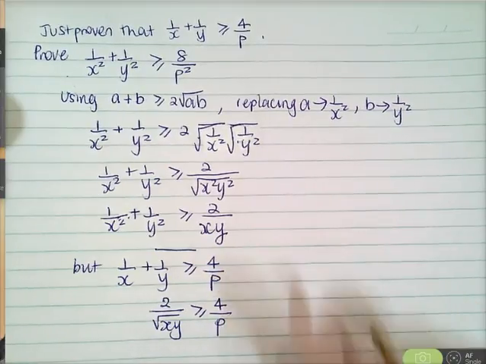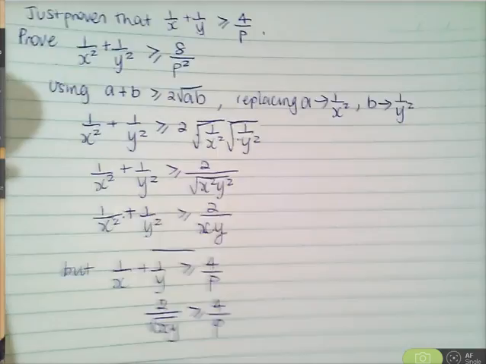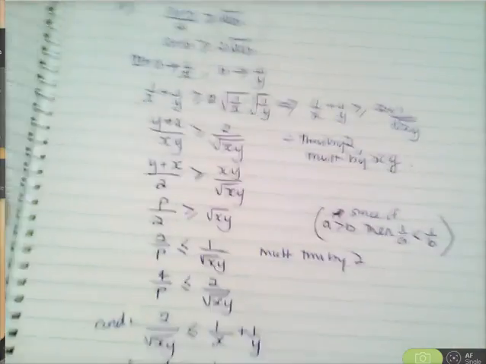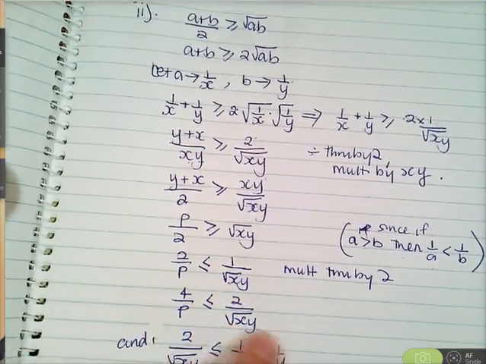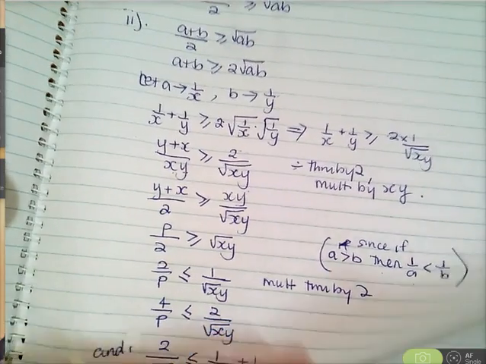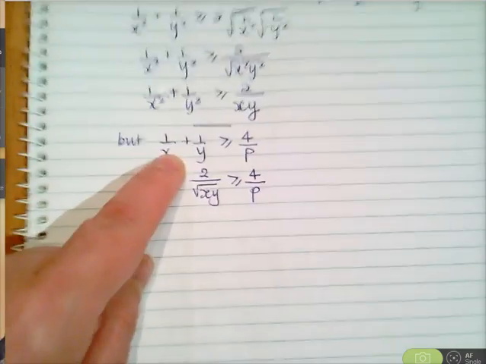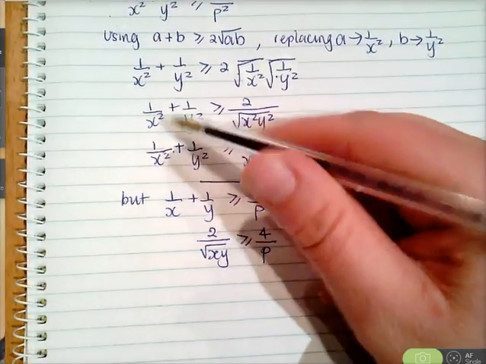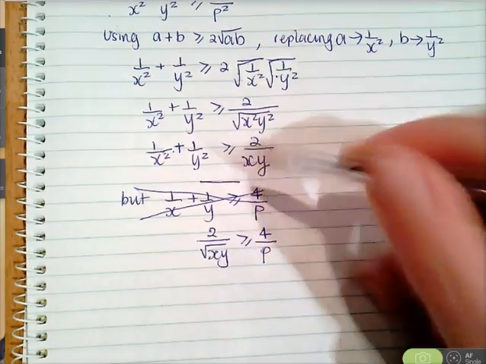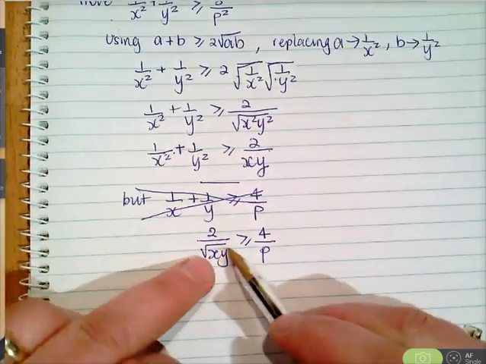Now this is one of the equations back here on the page before, if you just look back to this result here. Okay, that 2 over root xy is greater than or equal to 4 over p. So rather than using this completed result, we'll use this one because it's very similar to that. So we won't use this because that's not going to really help us here, but this will.